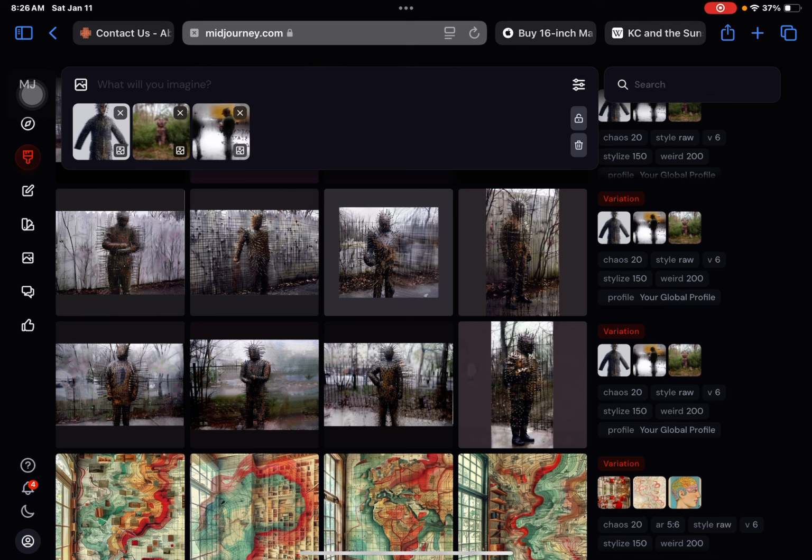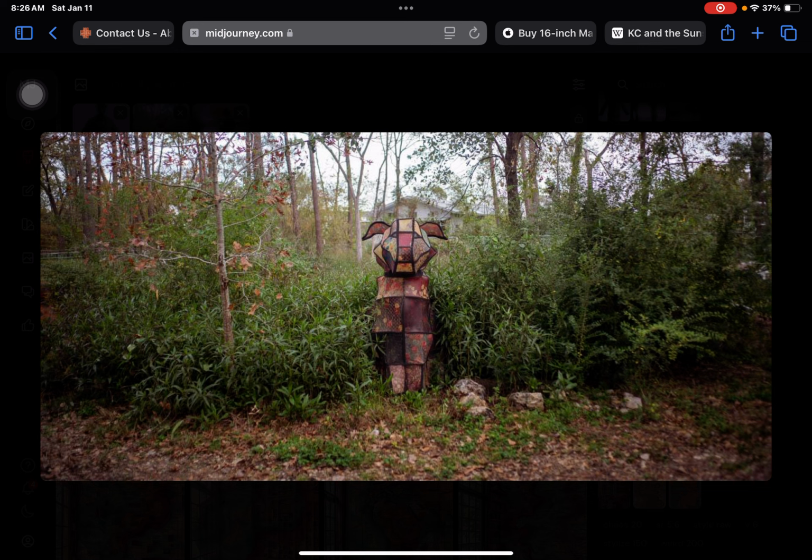And then this is actually an image that I took of this friend of mine, Paul Kittleson. I think it was at Paul Kittleson's place, but his partner made this creature here.